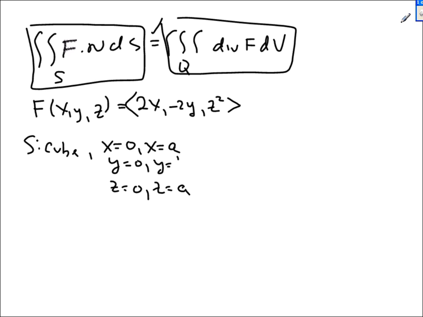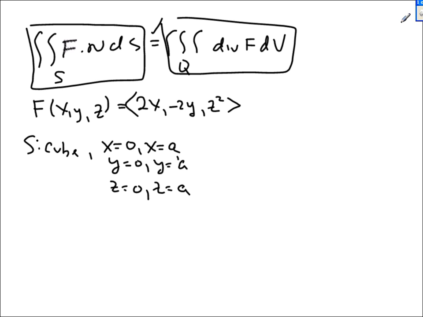It's a cube. It's all the x, y, z points where x is between 0 and a, y is between 0 and a, and z is between 0 and a.